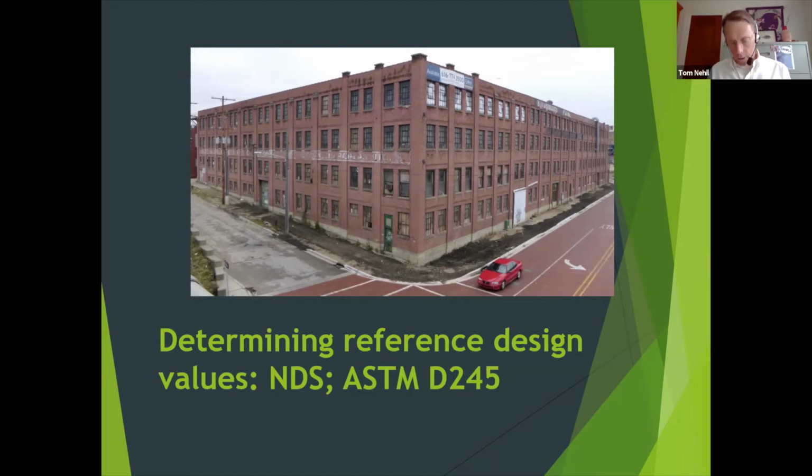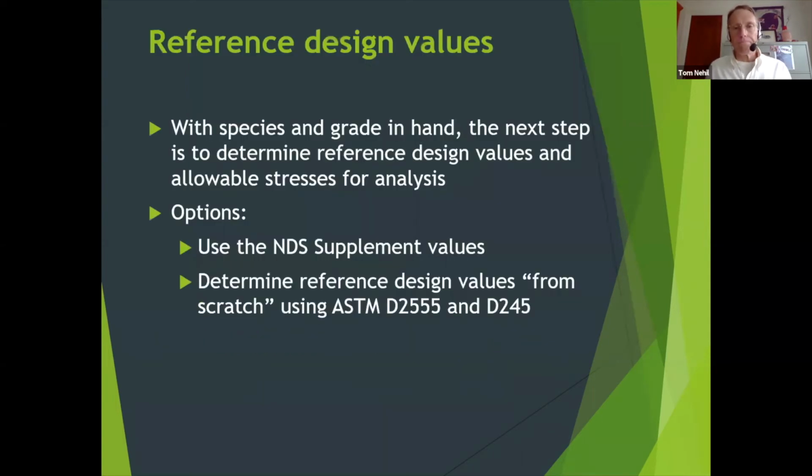Well, now, okay, let's say we've done our condition assessment. We've got our species and our grade. We've got all of our member dimensions. We know the spans and spacings, and we know what the loads are that we want to subject the building to. It's time to start running some numbers. And to really come up with an answer for an owner as to how strong is your building, we have to have allowable stresses to apply.